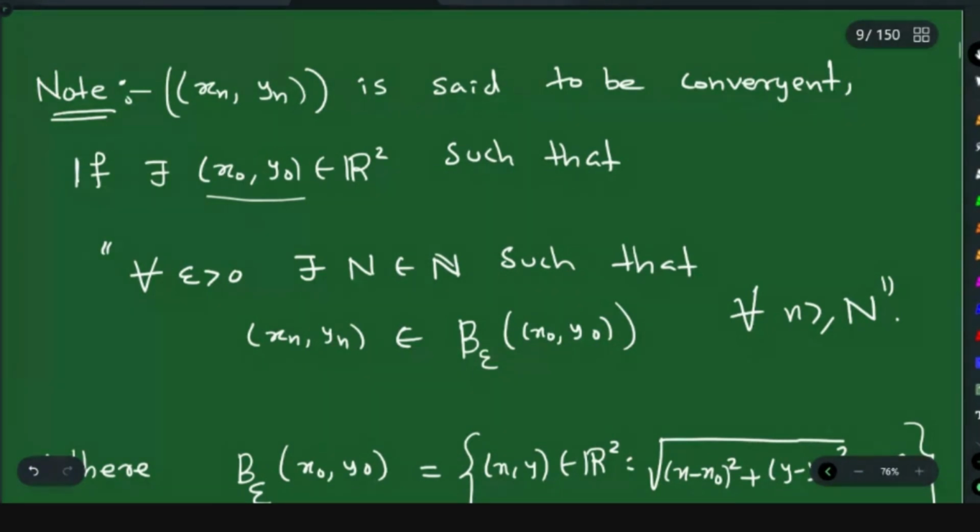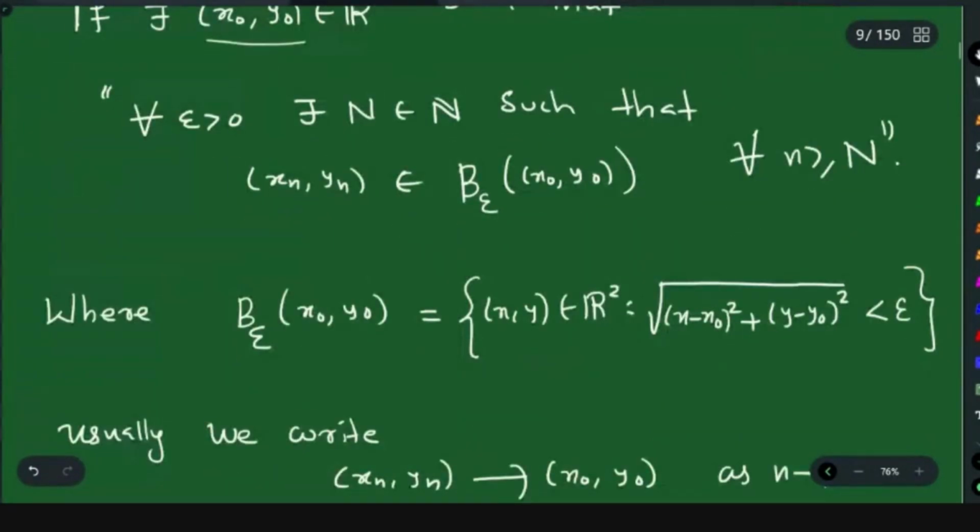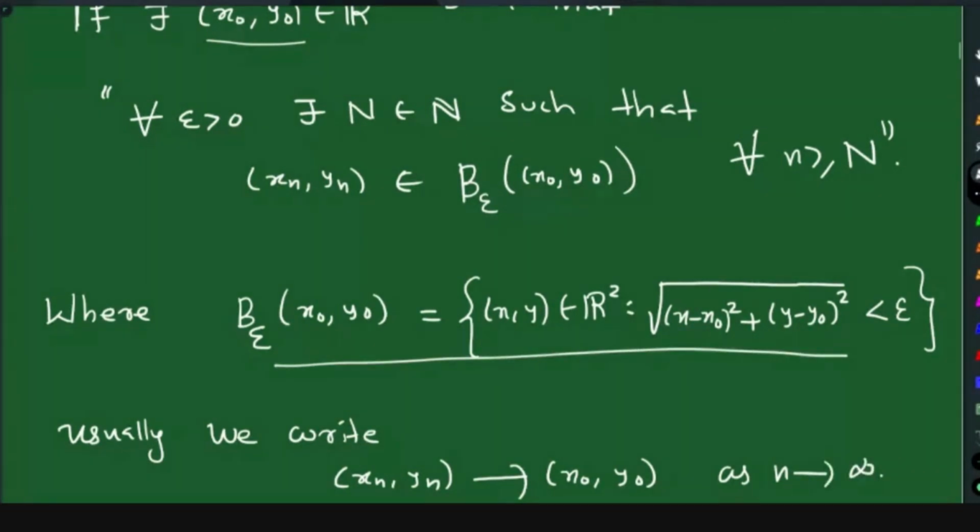This ball is given by this equation. The ball is nothing but all those points (x, y) in R2 such that the root of (x minus x0) square plus (y minus y0) square is less than epsilon.